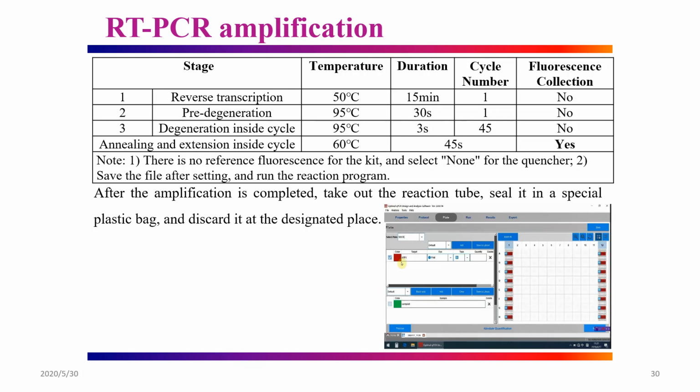If we need to detect other fluorescent dyes, we can add another target. Click Add, and for the dye, select Hex, which is a second channel dye, and then tick the check mark in front of the target name.